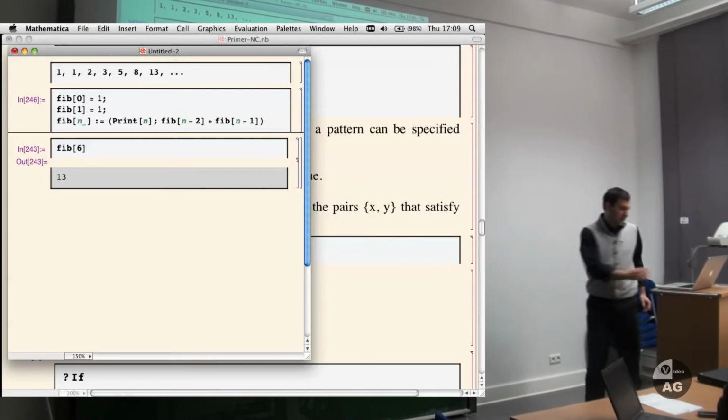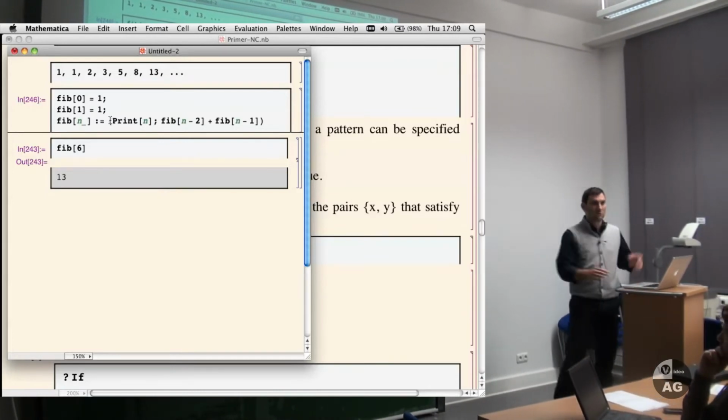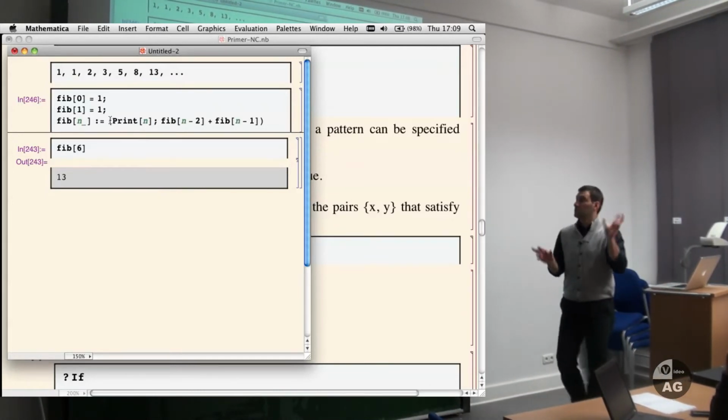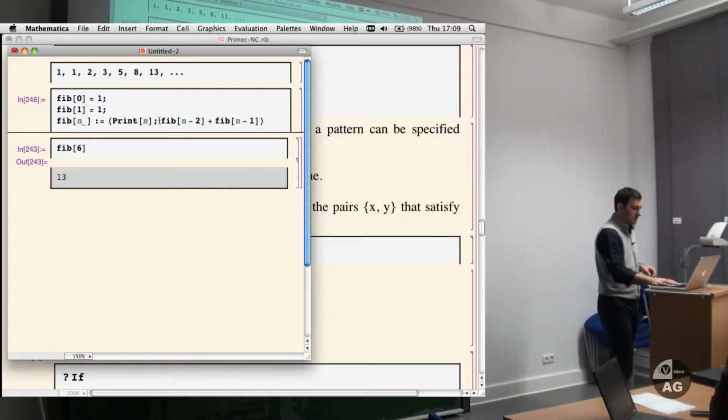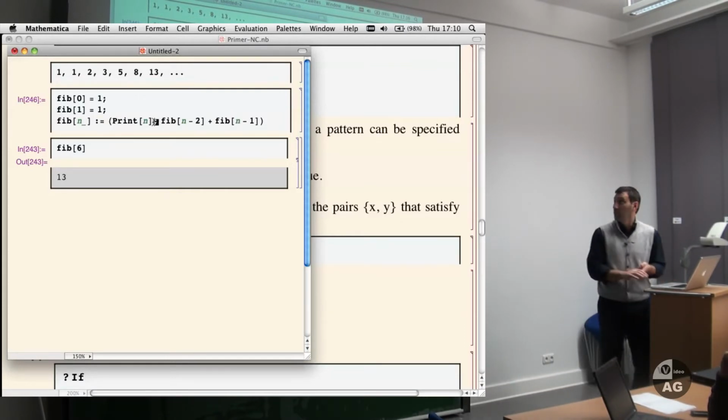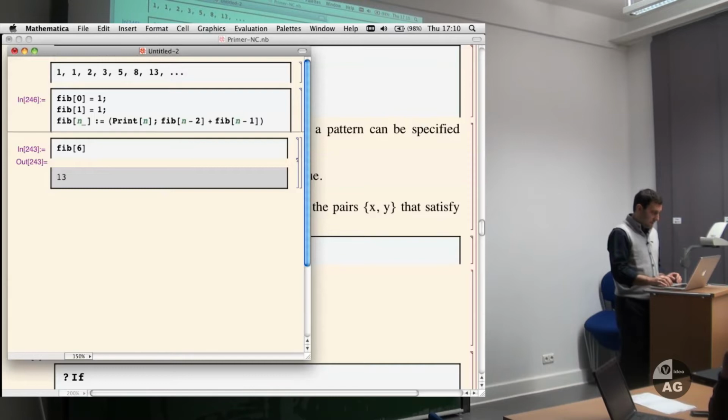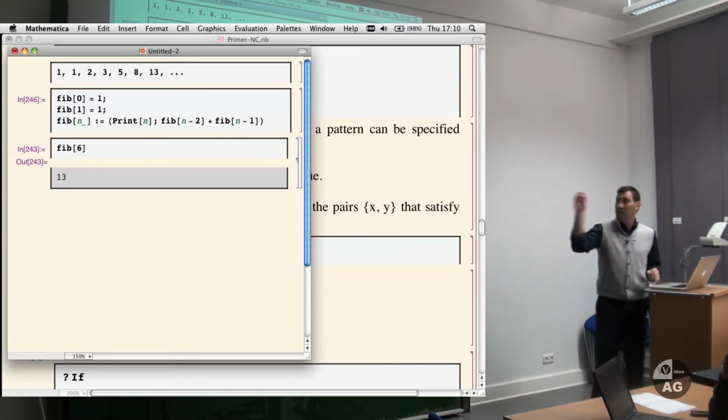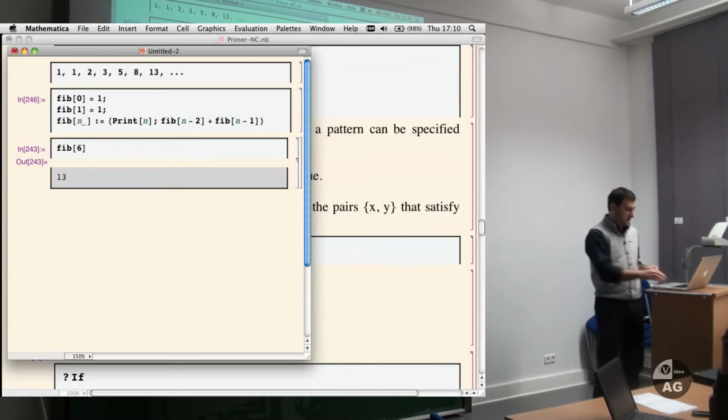I think I told you already, you can use parentheses also to create a sequence of commands, as long as you put a semicolon. So now, whenever I evaluate Fibonacci of n, I will print n and then perform the evaluation.